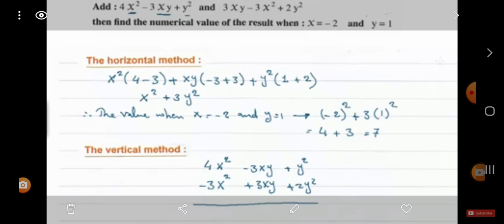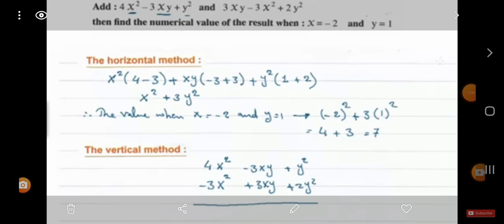Then I can put x power 2. For xy, negative 3 and positive 3 equals 0, times xy equals 0. Then y power 2, 1 plus 2 equals 3. Then I put the coefficient for y power 2 equal to positive 3. Then I get the value of the expression: x power 2 plus 3y power 2.